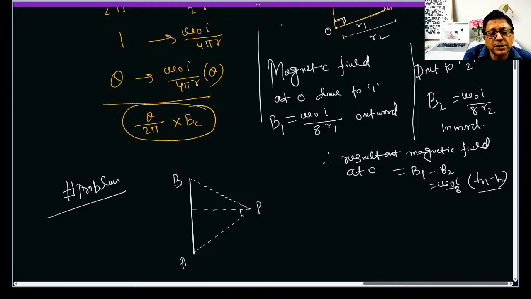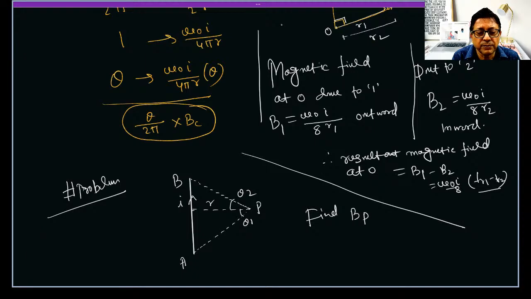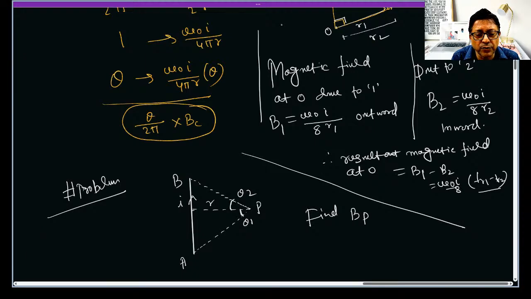This angle θ1 and this angle θ2. This distance is R. Carrying a current I. Find B at P. It's a new problem, no link with circular. Where? This you have to find: magnetic field at P due to this straight current carrying conductor carrying current I.